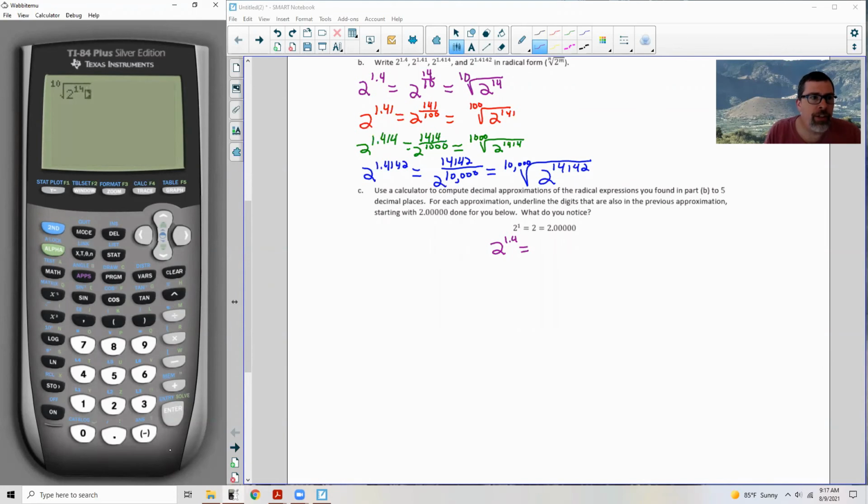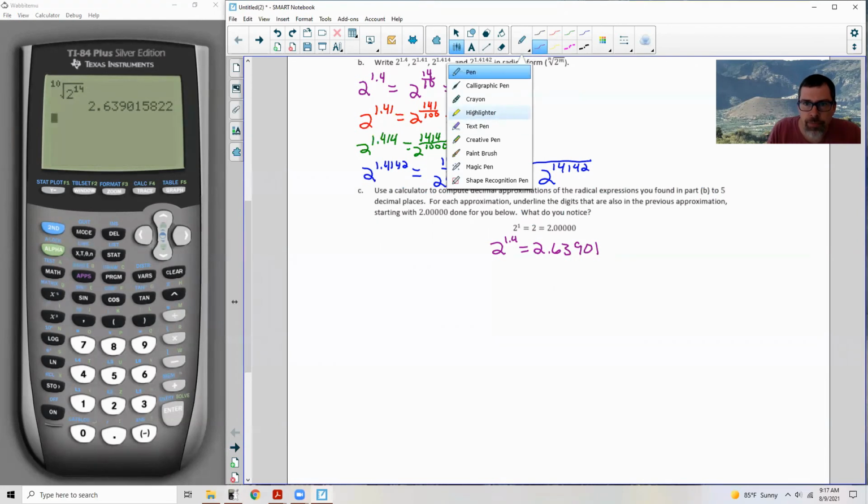That's how you enter that in your calculator. You hit enter, and I got 2.63901.